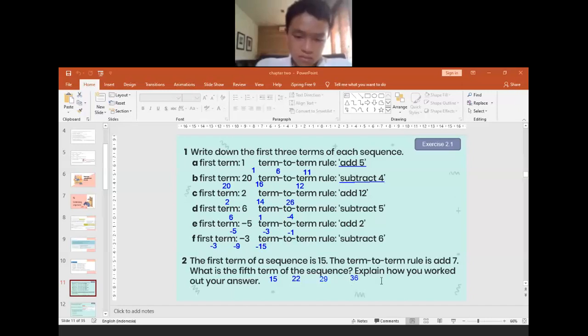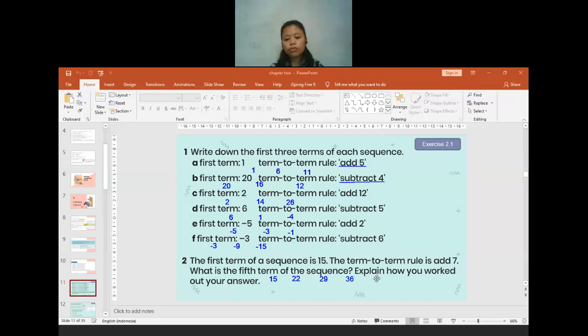After 36, the answer is 43. Okay, anyone confused? I think you should underline 43 so you know which one. Is there anyone having difficulties? The answer is 43.